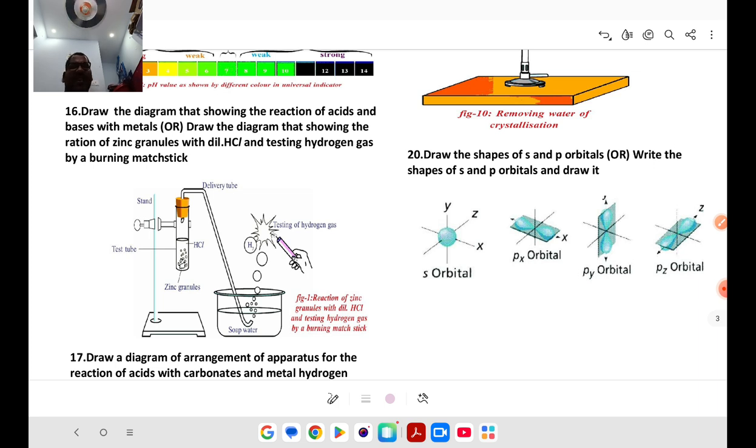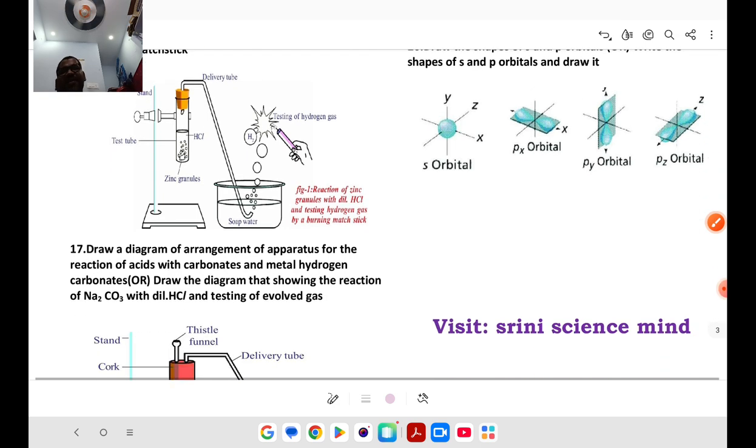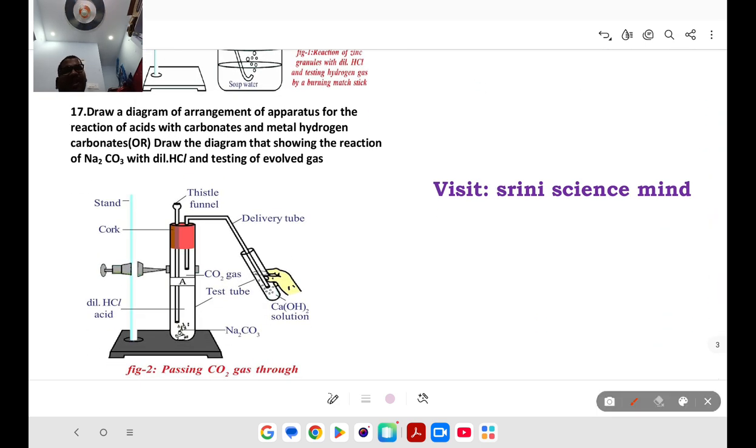From the 6th lesson, one time the d orbital shapes were given, and this s orbital, p orbital shapes, you know. Lab activity of the third lesson, liberation of hydrogen gas, the pop sound activity, famously called the pop sound activity. And the next activity of the third lesson is the reaction of metal plus carbonates and bicarbonates, right?